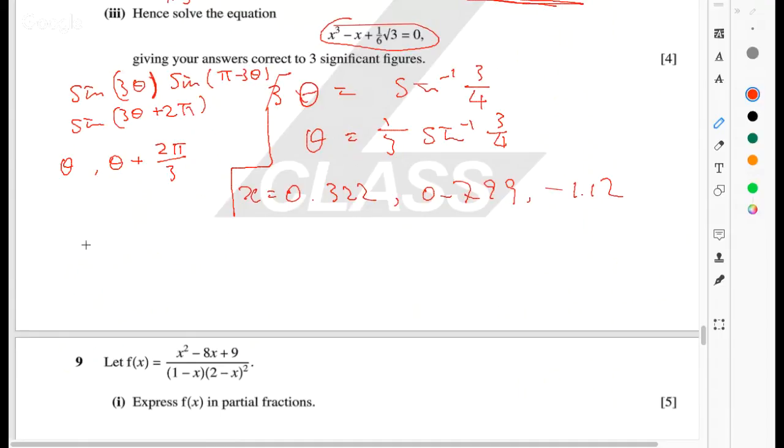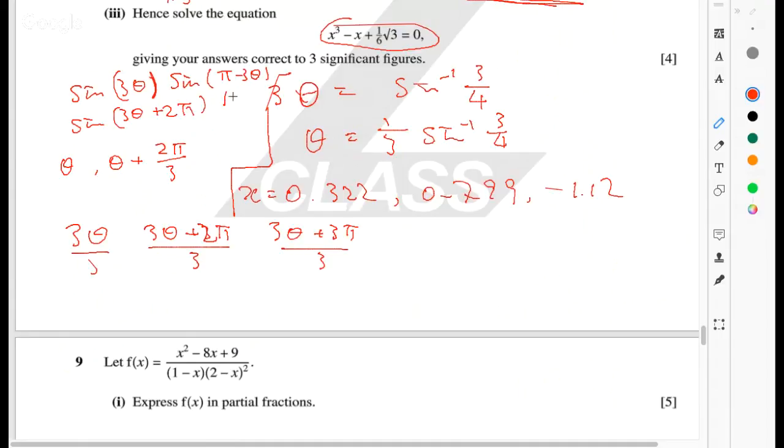Also, we can do it explicitly. As I said before, 3 theta over 3, and 3 theta plus 2 pi over 3. In general, unless they're very special values, these two will give you different sines, and so will 3 theta plus 3 pi over 3.